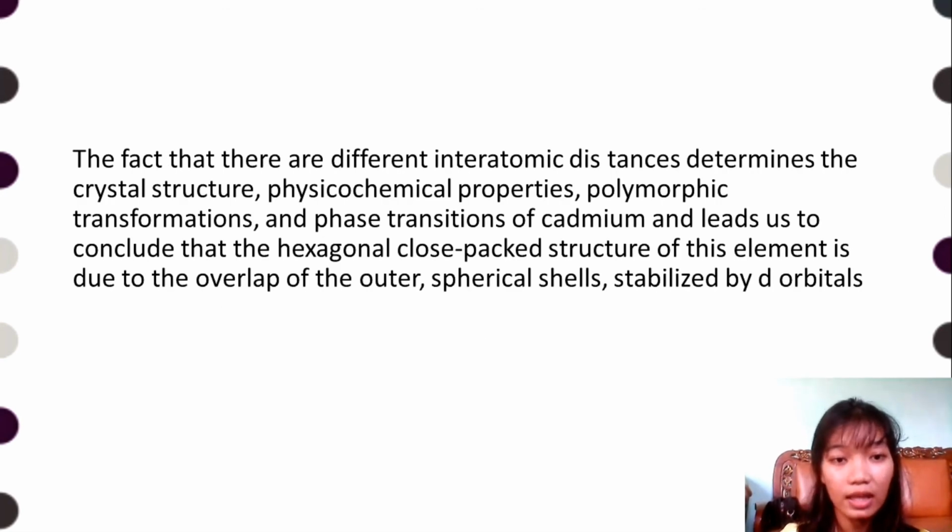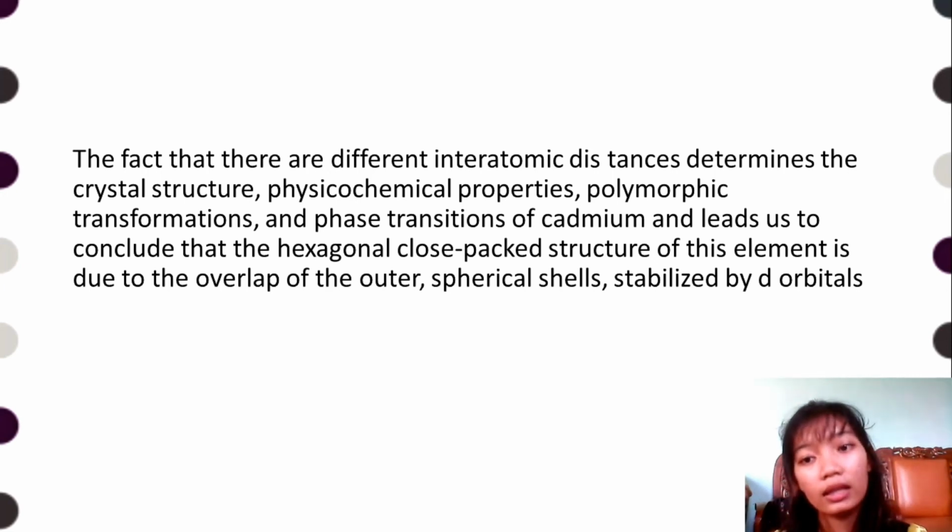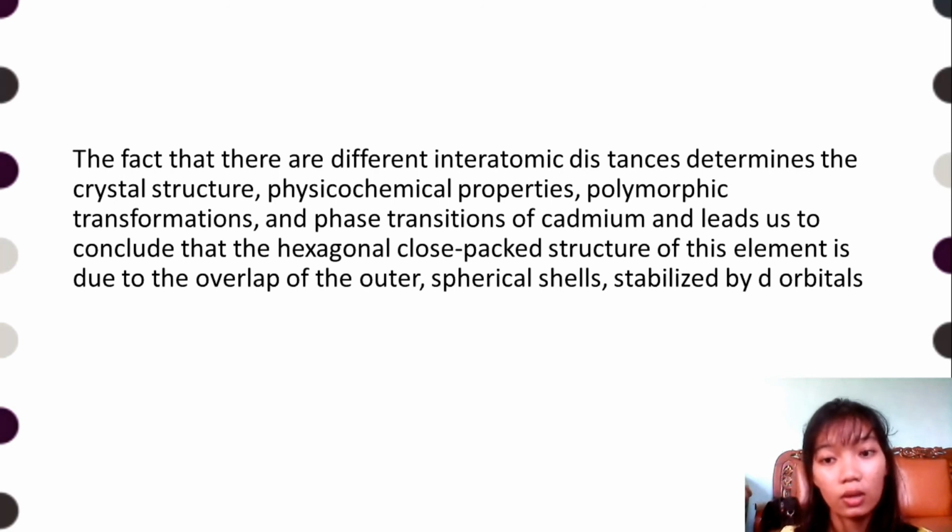So the fact that there are different interatomic distances determines the crystal structure, physicochemical properties, polymorphic transformation, and phase transition of cadmium, and leads us to conclude that the hexagonal close-packed structure of this element is due to the overlap of the outer spherical shells stabilized by the orbitals.